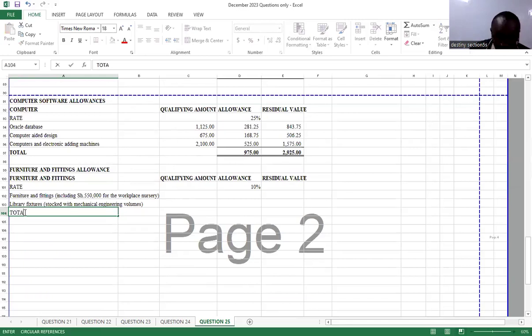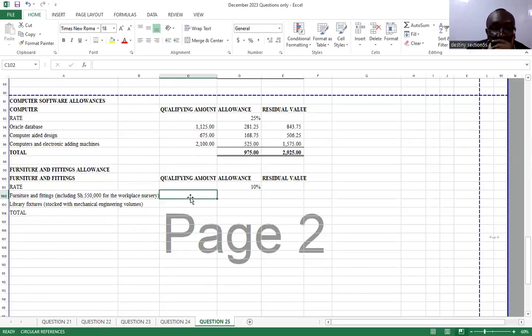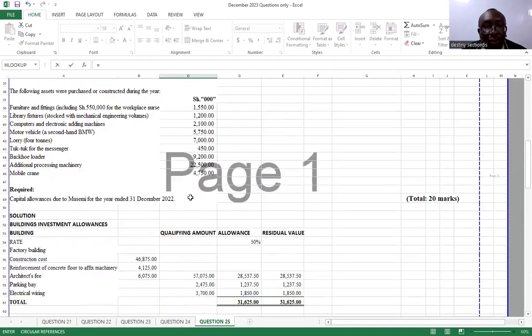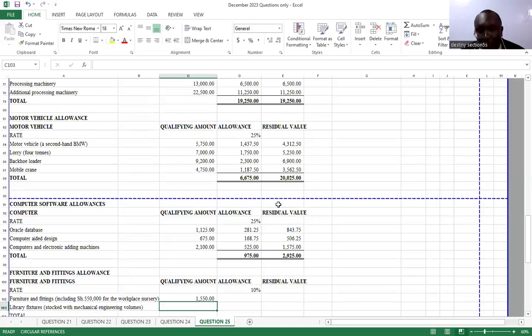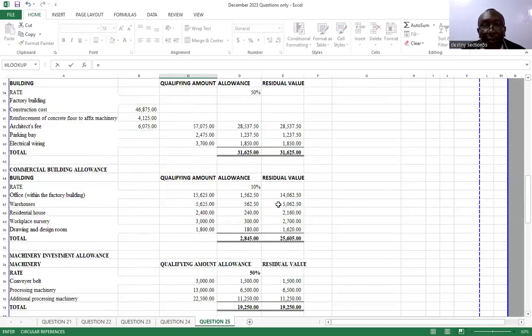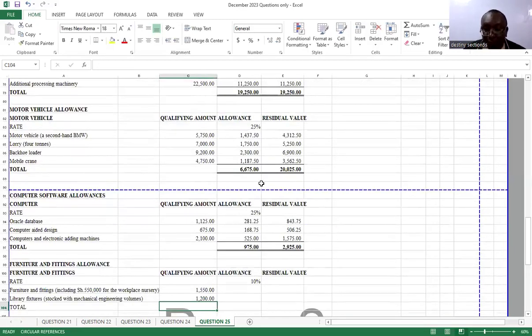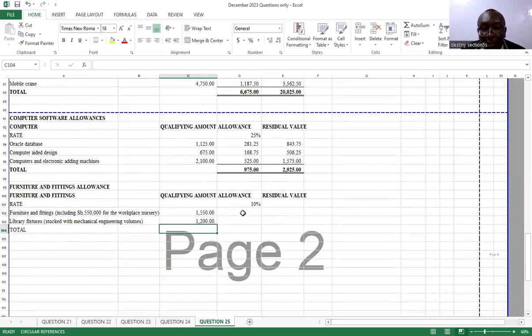So we just go straight to the total. The qualifying amount. This one, you put it there. Then this is equals to the library fixtures. You enter. Now we come here.